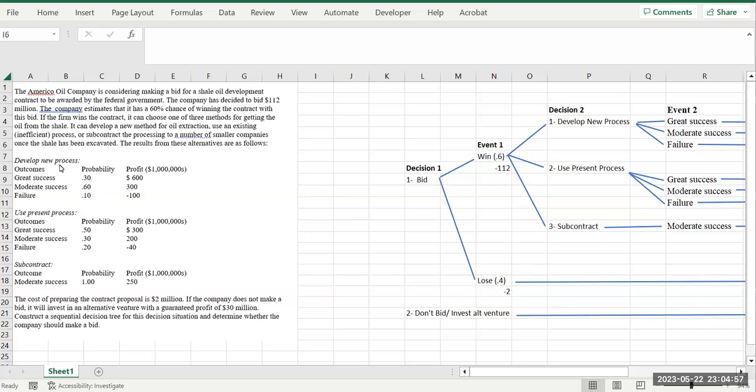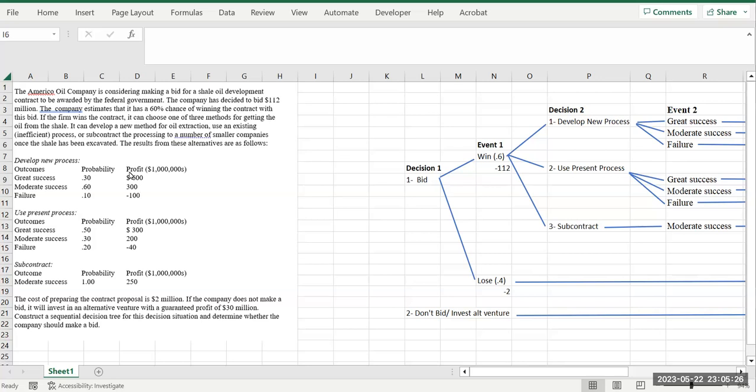If the company develops new processes, there is a 30% chance of great success. If that happens, there's going to be $600 million cash flow, or it uses the word profit, but that excludes the money that has been spent, right?